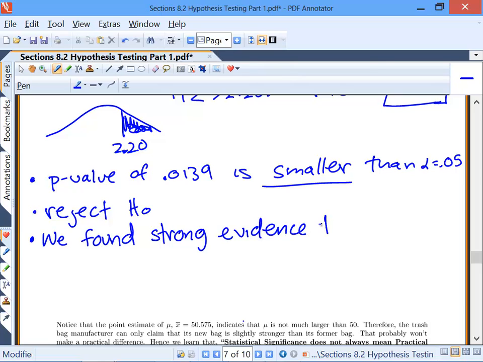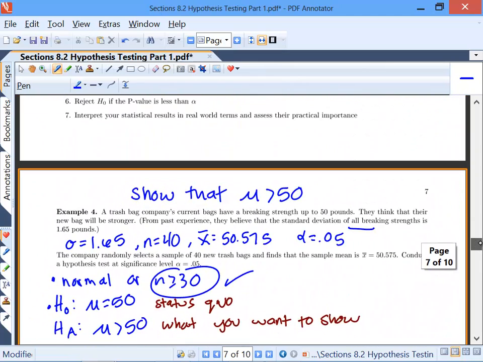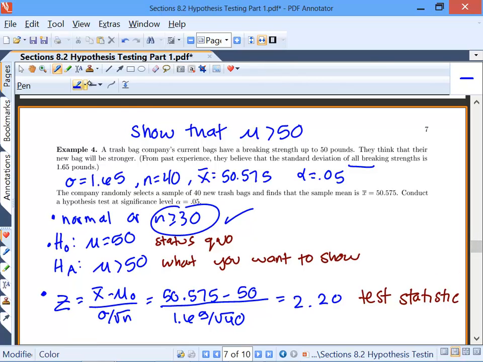that, let's see, so what did we find strong evidence for? So we rejected the null hypothesis, which means that we no longer believe that this is true. What do we believe is true now? That mu is greater than 50.